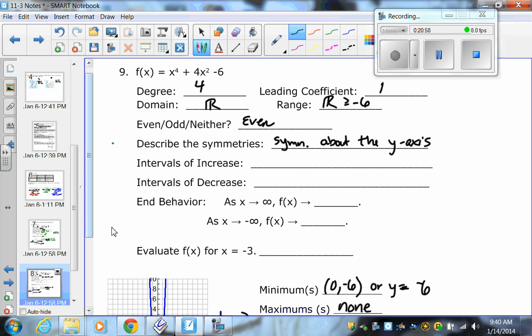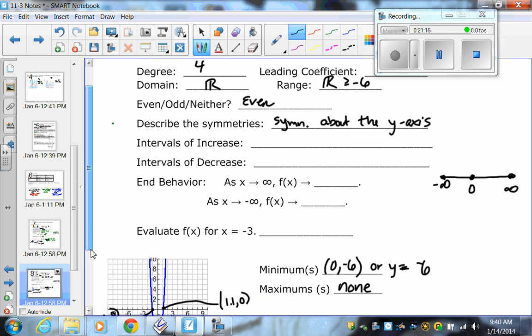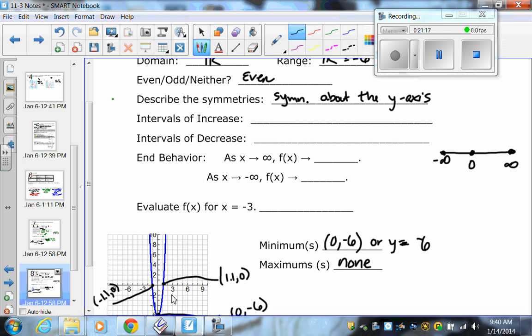For our increase and decrease, again, if I make a number line, we only had that one minimum at 0. So we have negative infinity on the left and positive infinity on the right. If I read my graph going left to right, we go down first, so this decreases.